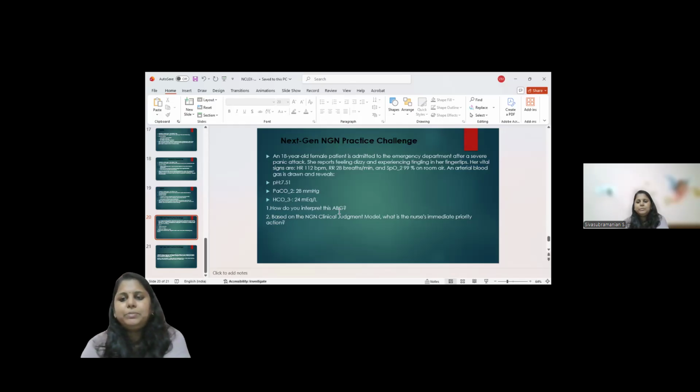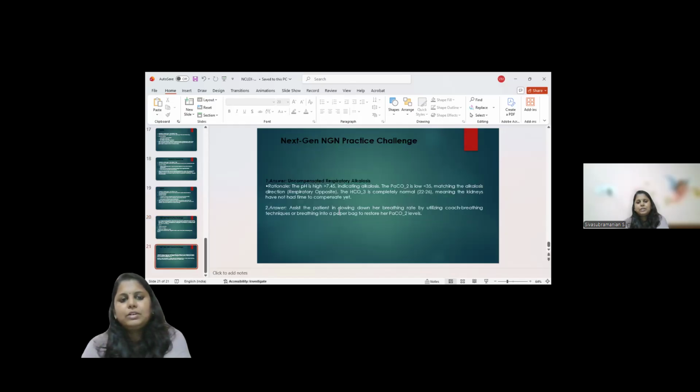Okay, our time is up. Let us discuss the answer. The first answer is uncompensated respiratory alkalosis. Why is it uncompensated respiratory alkalosis? Because the pH is high, which indicates alkalosis.